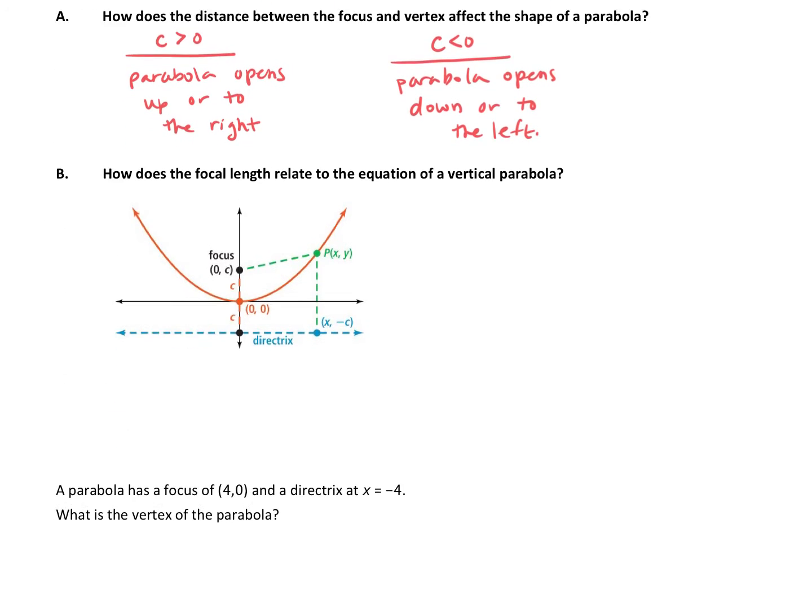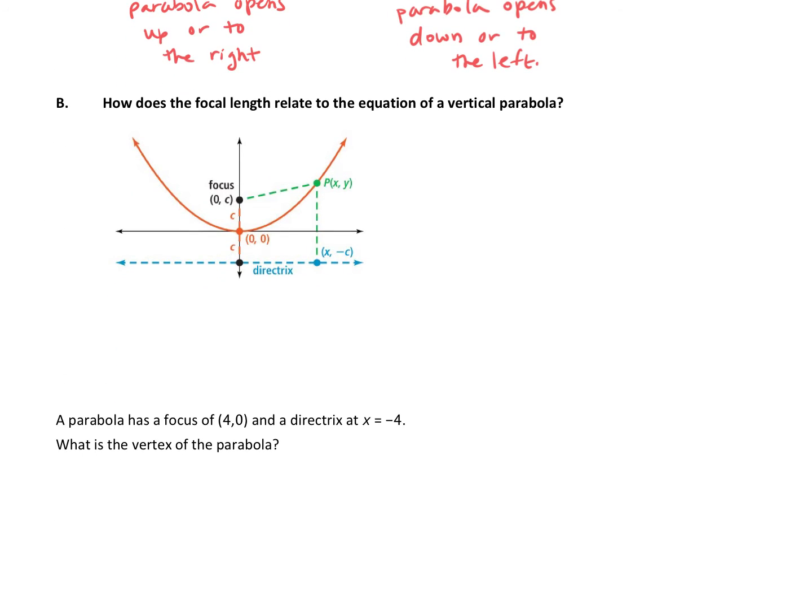All right. How does the focal length relate to the equation of a vertical parabola? This is what we call a vertical parabola. It opens up and down. The axis of symmetry is a vertical line. All right, let's do some math again.